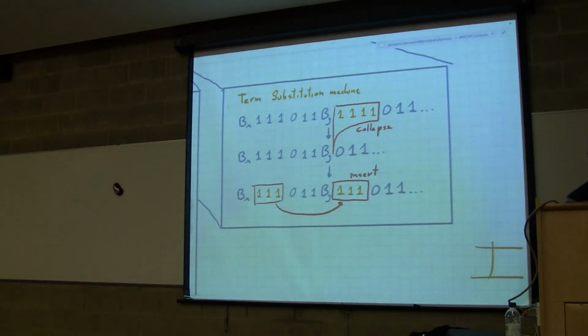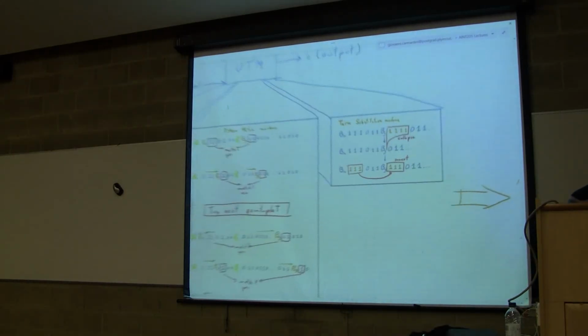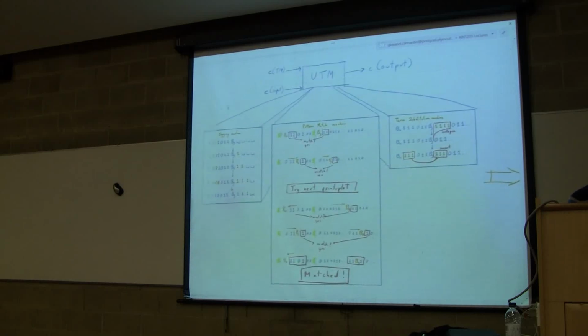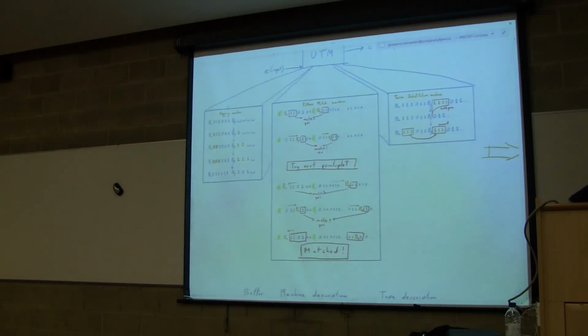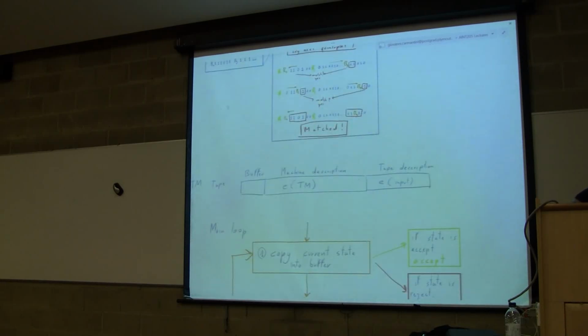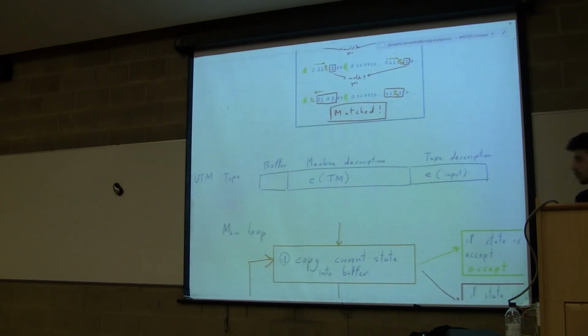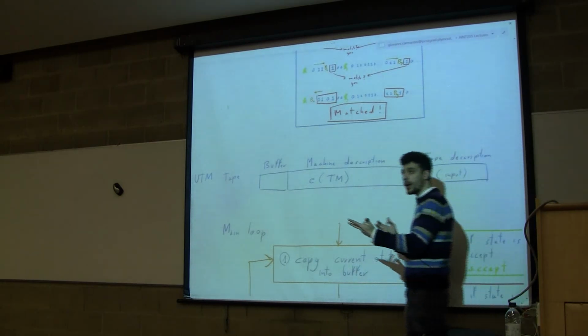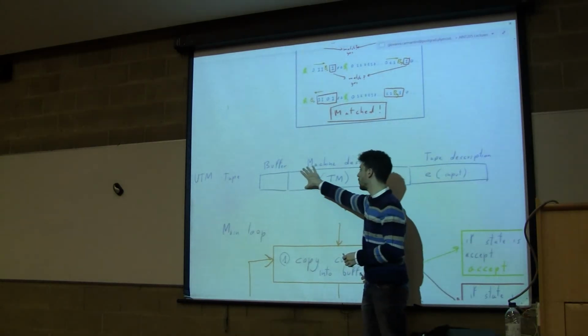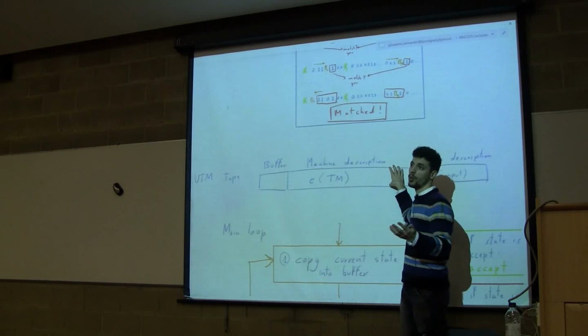So now you know the 3 fundamental operations that a universal Turing machine has to carry out. The universal Turing machine tape is divided in 3 parts. In one part, you have the description of the machine you want to simulate.